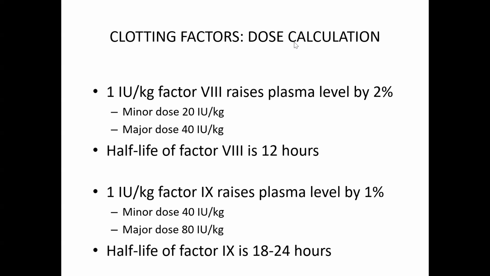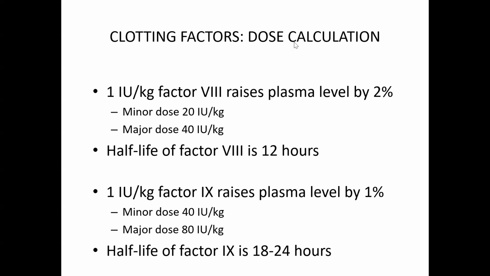The half-life of factor 8 is usually 12 hours. Although we now have reagents that last longer, most factor 8 concentrates are 12 hours. 1 international unit per kg of factor 9 raises the plasma level by 1%.